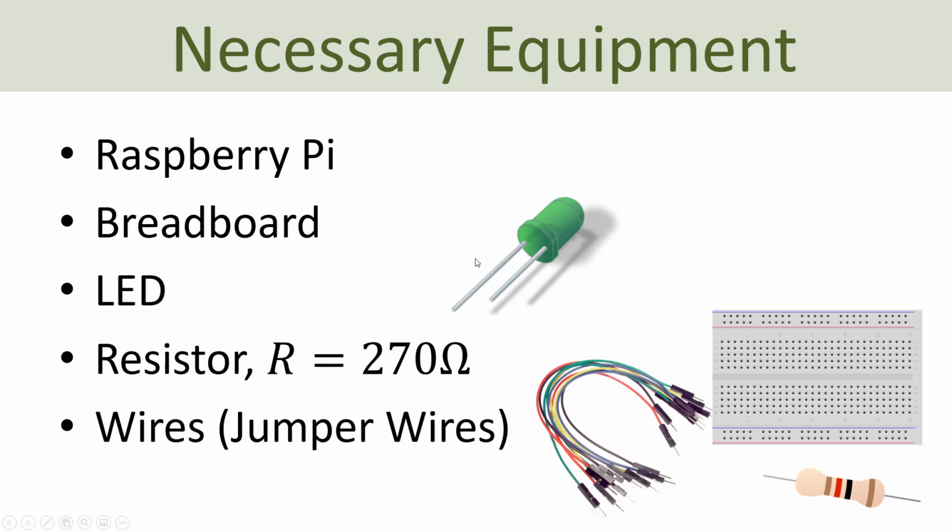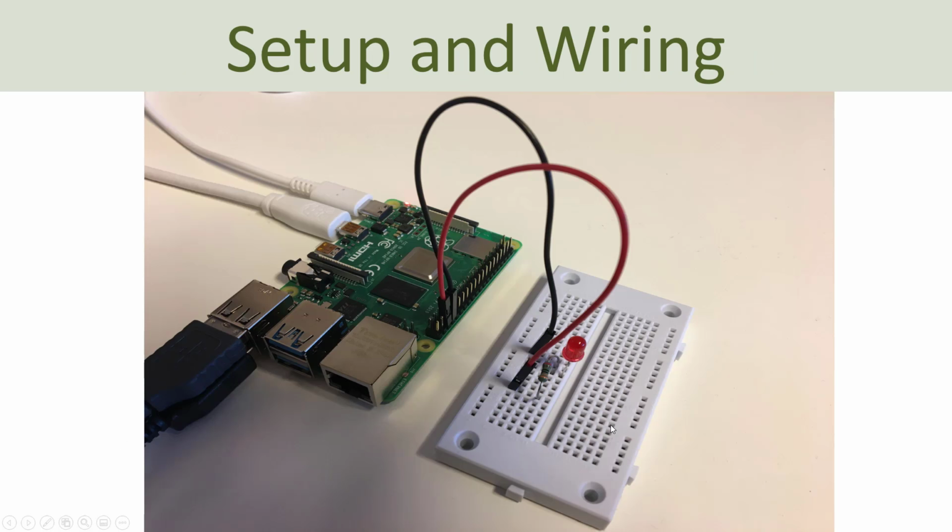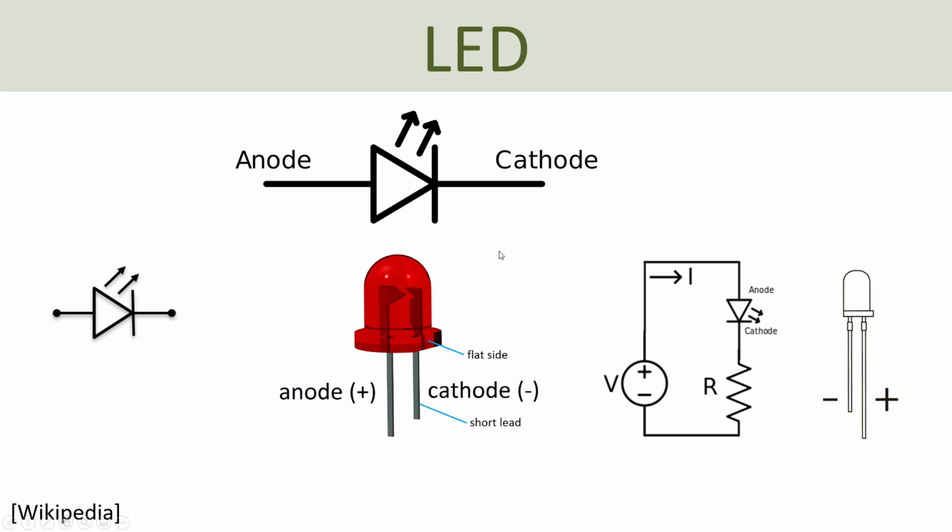We will need the following equipment: a Raspberry Pi, a breadboard, a LED, a 270 ohm resistor, and some wires. Here you see how you wire up the LED on the breadboard and connect the wires to the general purpose input-output connector on the Raspberry Pi device.